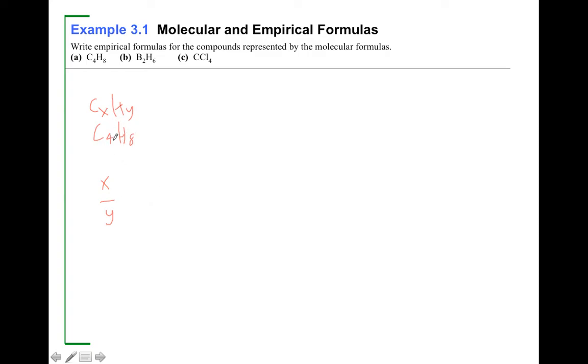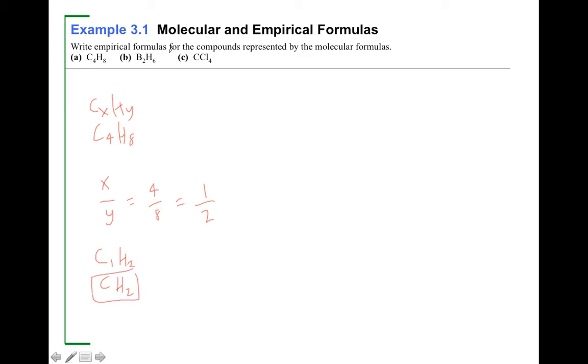I'm going to put the smaller one on top, always put the smaller one on top, and the ratio is 4 to 8. Go to the smallest whole numbers, 1 to 2, and so it looks like this is C1H2 or CH2. There's my answer.